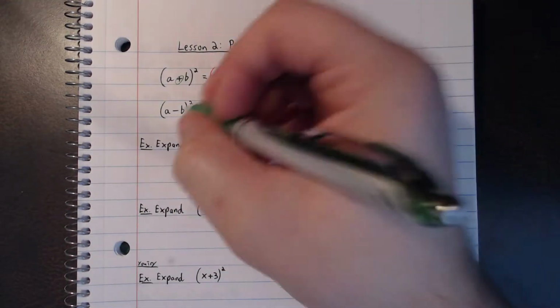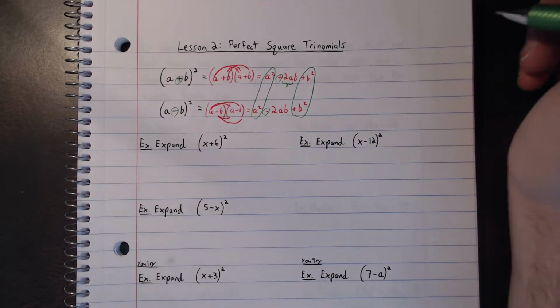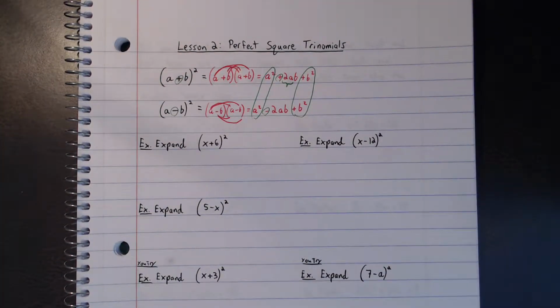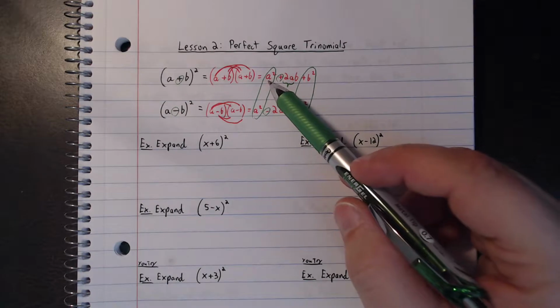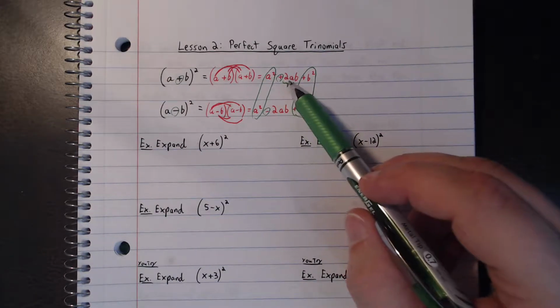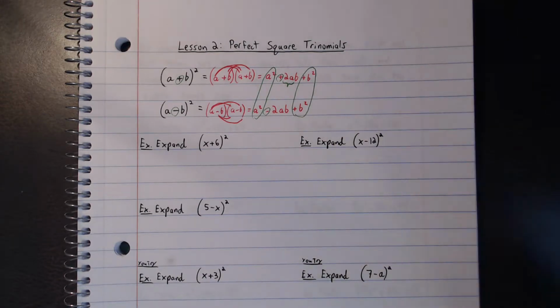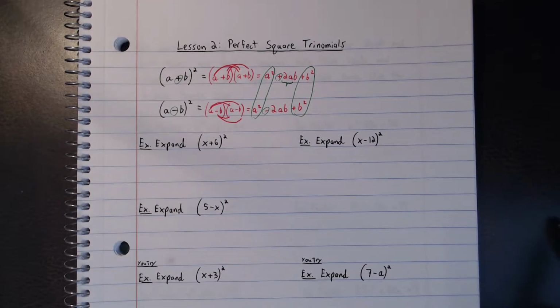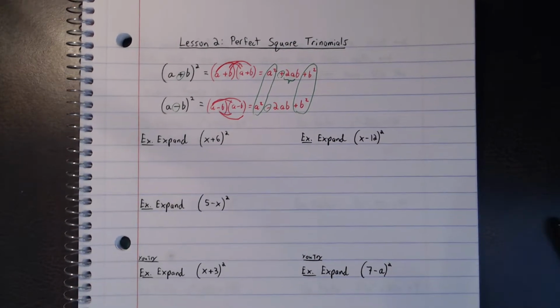Here it was minus, so here we want to take the minus. So it's pretty simple to do. We're going to do the a term squared, the b term squared, and 2 times a times b, keeping that middle sign. Let's see a couple of examples of this done out.